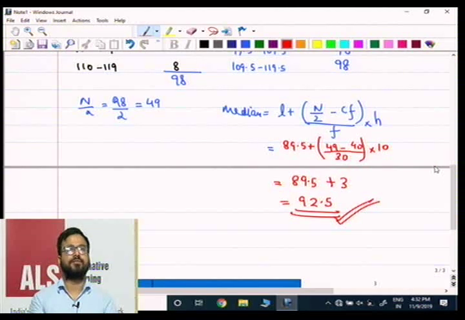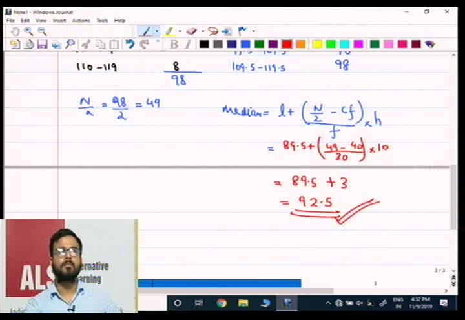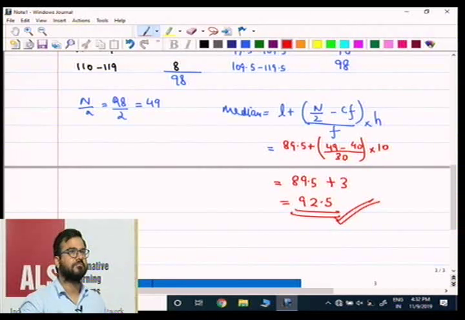Any doubt in this one? Shillong, is there any doubt?